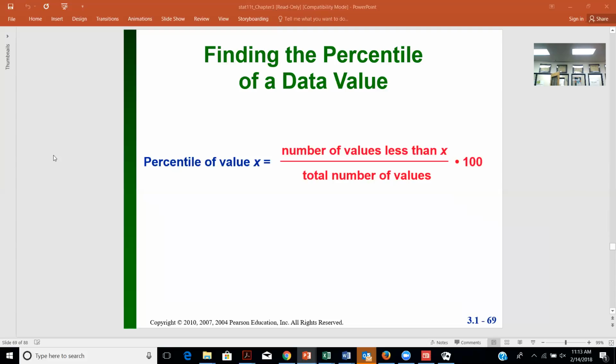Coefficient of variation is simply the ratio of the standard deviation to the mean, to X bar for a sample, or to mu for a population, and then multiply it by 100 to convert it to a percentage.